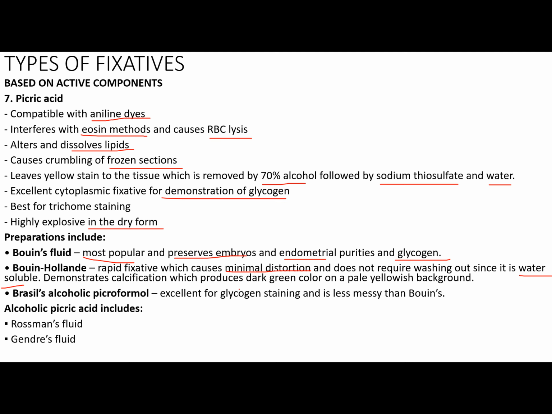Demonstrates calcification which produces dark green color on a pale yellow background. Then we have your Brasil's alcoholic picroformol. Excellent for glycogen staining. Is less messy than Bouin's. Alcoholic picric acid variations would include Rossman's fluid and Gendre's fluid.